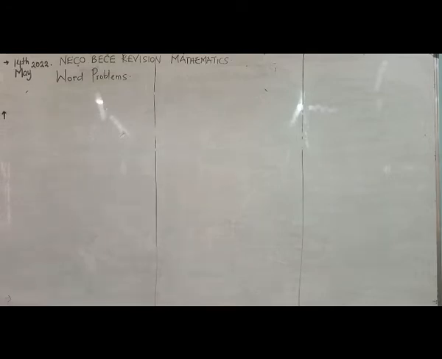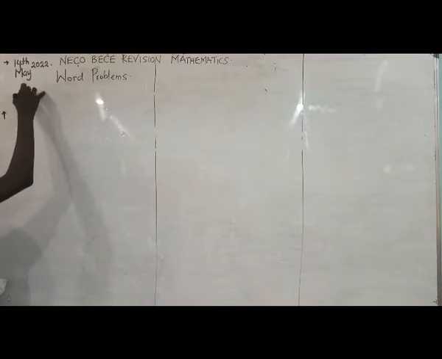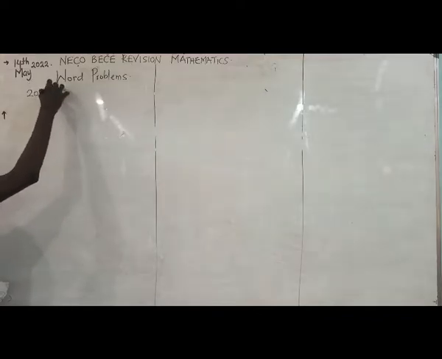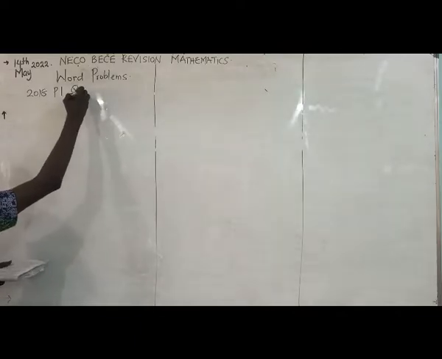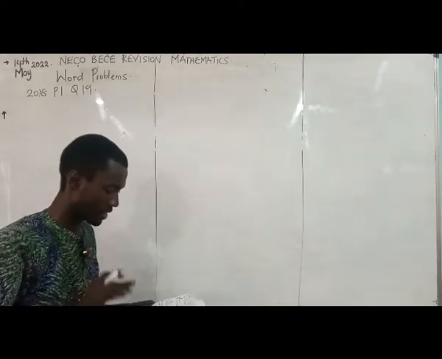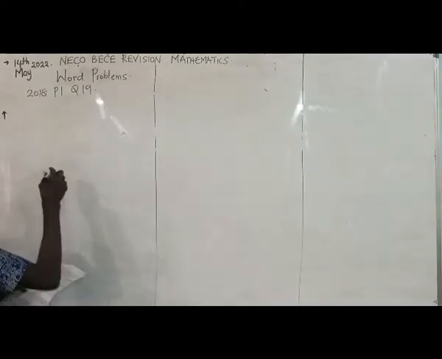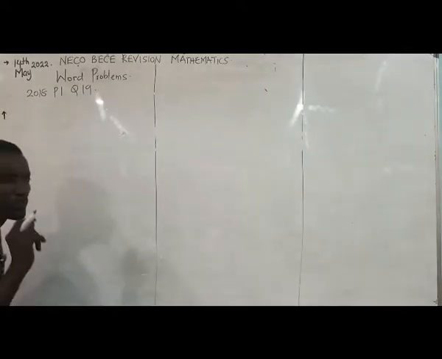Okay, so let's go to 2018, paper 1, question 19. This is also a problem on fractions. It says, a man spent half of his salary on shoes. You need to be careful here, because sometimes they set the questions and try to throw your balance. Take note of something.